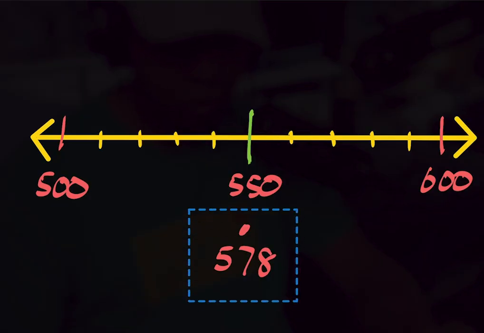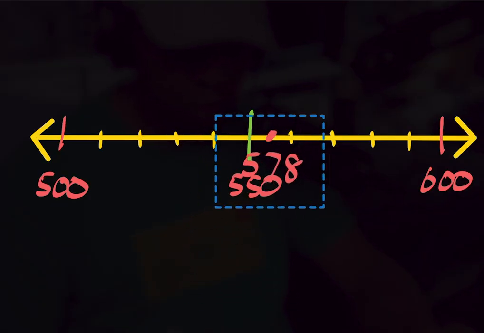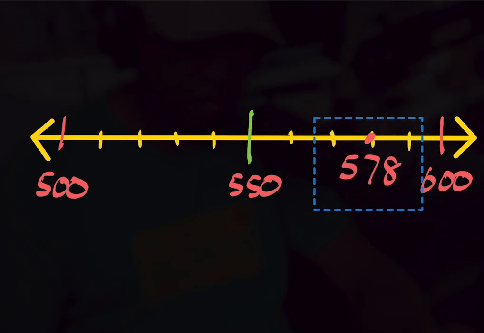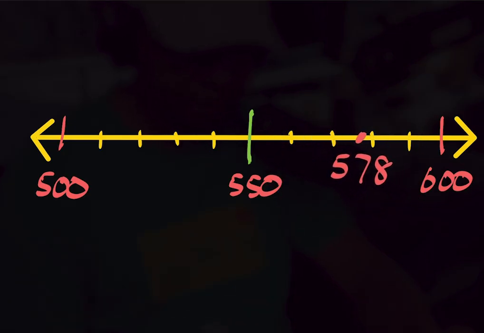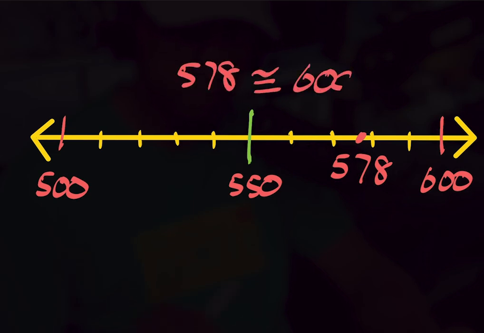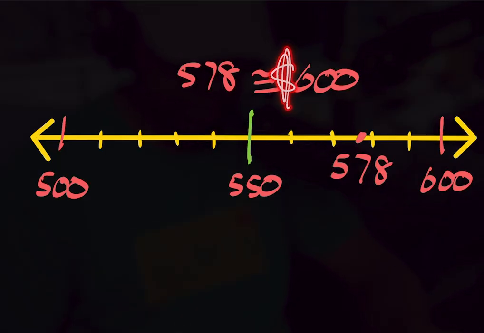I'm going to start from 550, 560, 570, 580. 578 is just on the inside of that. Clearly, 578 rounds to 600. 578 is about $600. Boy, and once you add tax, that $600 is going to come really fast.